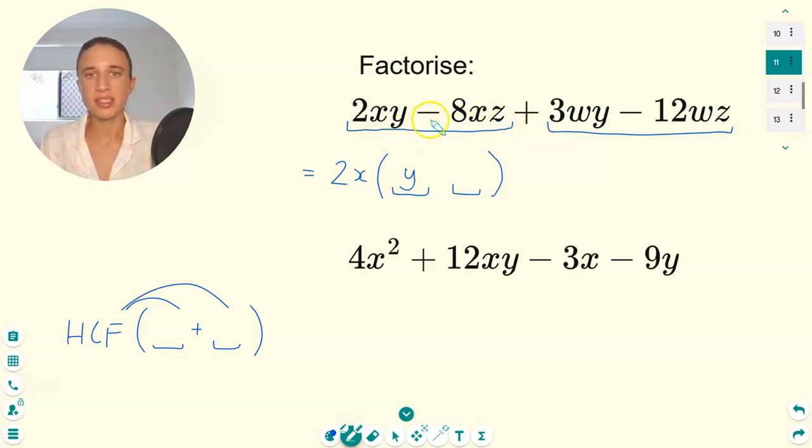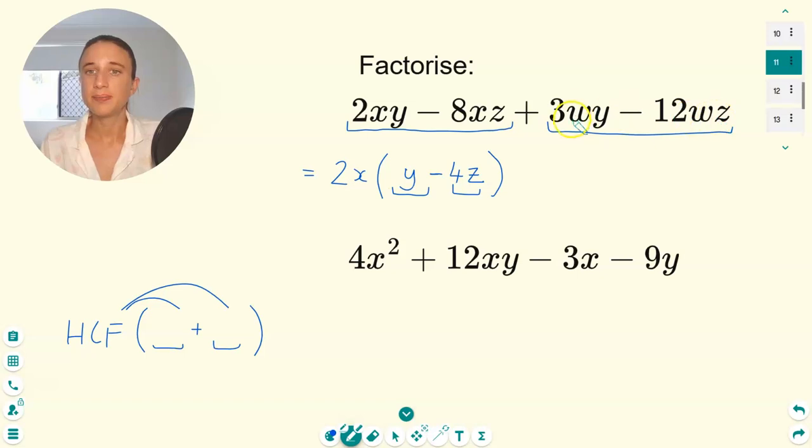Take it step by step. 2 times what will give me negative 8? 2 times 4 will give me 8, but if I want a negative, I've got to get a negative in there. So 2x times negative 4 gives me negative 8x, but I also need a z. So I'm just going to put a z in there. And then that's done. That's the first pair factorized.